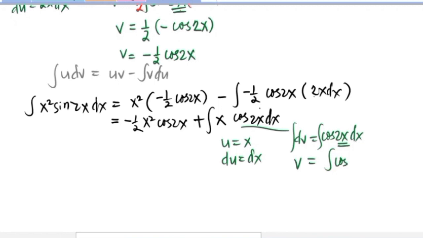So we have cosine 2x. So multiply tayo ng derivative. We have 2 here and reciprocal sa labas. So the integral of cosine v dv is equal to sine v. So that's 1/2 sine of v, which is 2x.